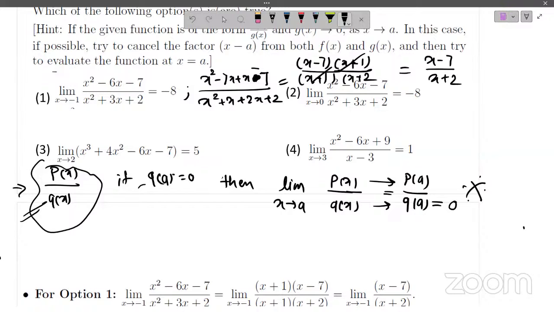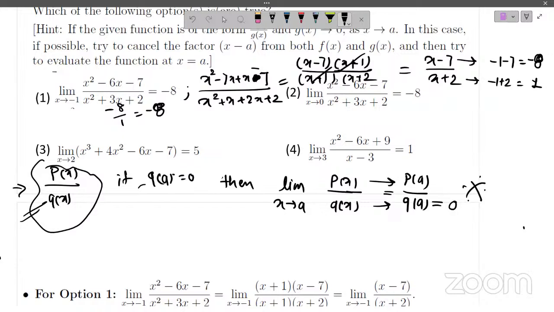Now you can observe that this is a simple function, and as x goes to minus 1, the numerator goes to minus 1 minus 7, which is minus 8. The denominator goes to minus 1 plus 2, which is plus 1. So the answer for this question is minus 8 by 1, which is minus 8. Everyone got this question?